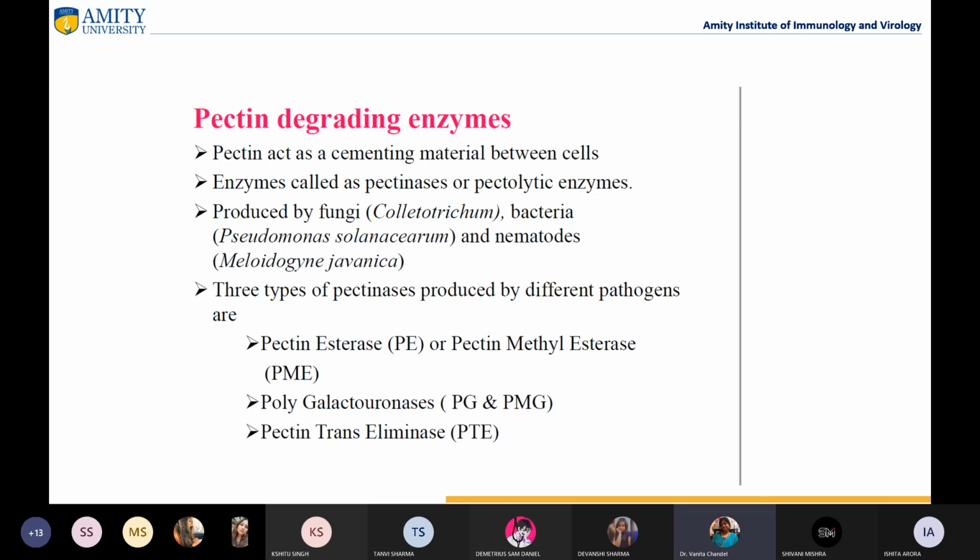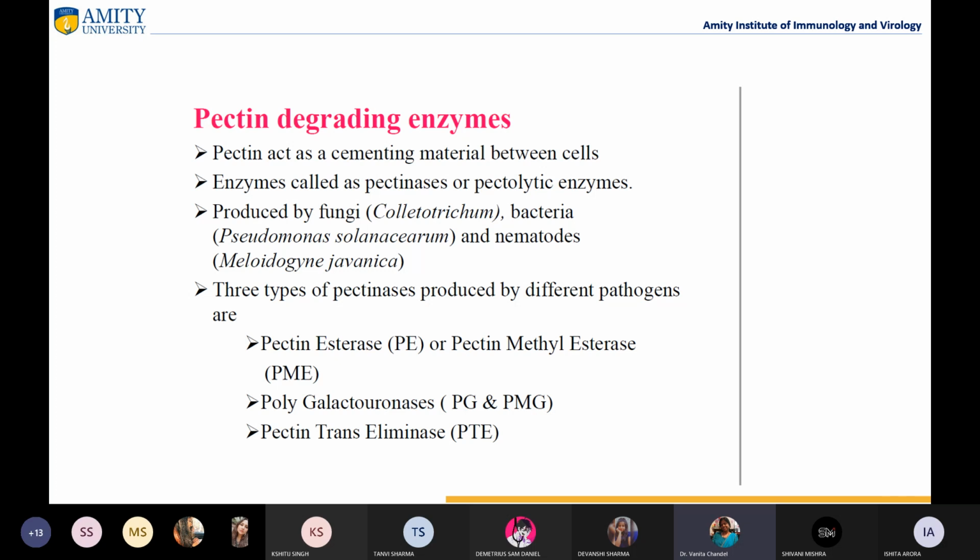Then we have pectin degrading enzymes also. Again, pectin acts as a cementing material between the cells, right? So enzymes such as pectinases or pectolytic enzymes are produced by fungi, bacteria, and nematodes. And the enzymes produced are pectin esterase and then polygalacturonase or pectin transeliminase.